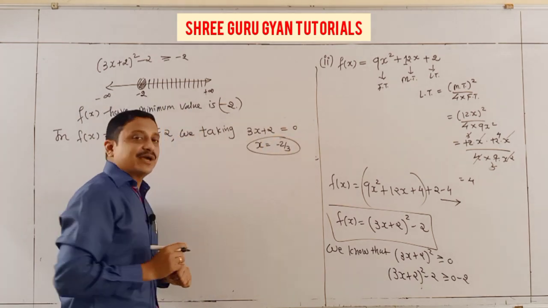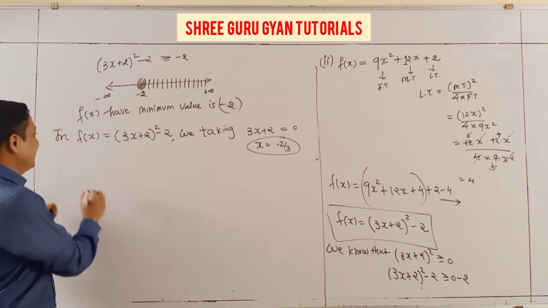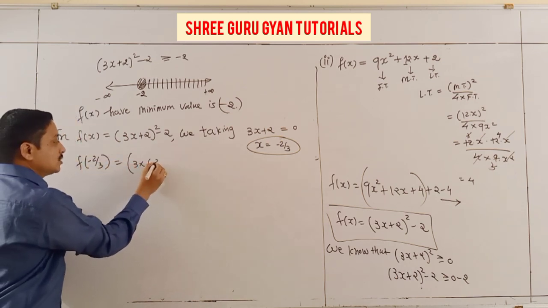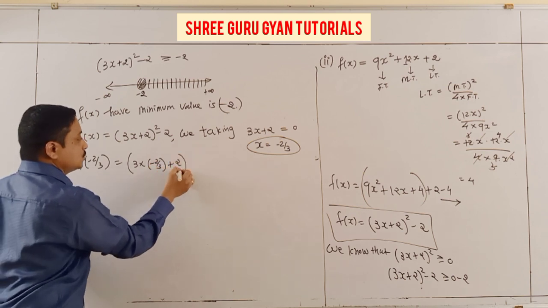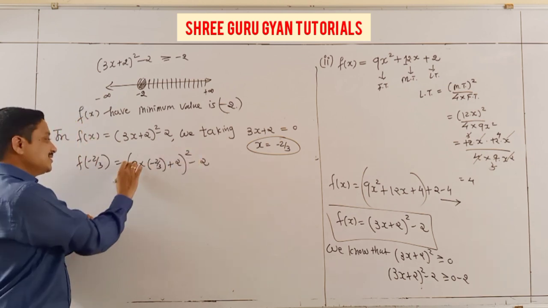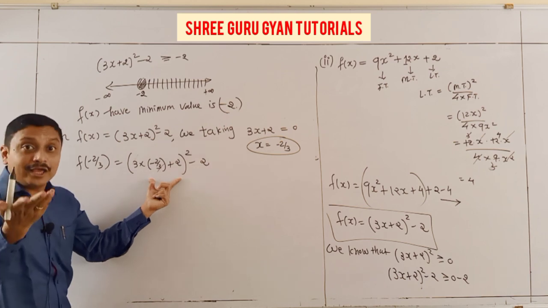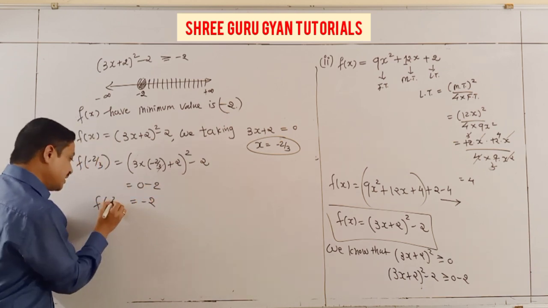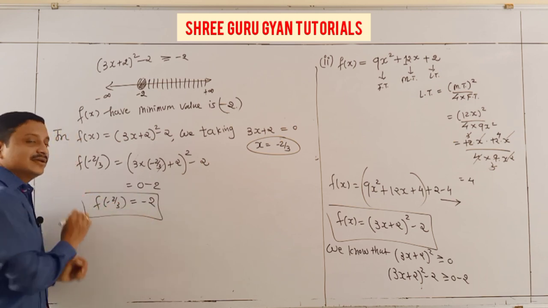And this minus 2 third I put again in f(x). So 3 into minus 2 third plus 2, this cancels, 2 minus 2 again cancels, it is 0. My answer: at the place minus 2 third, it is minus 2.